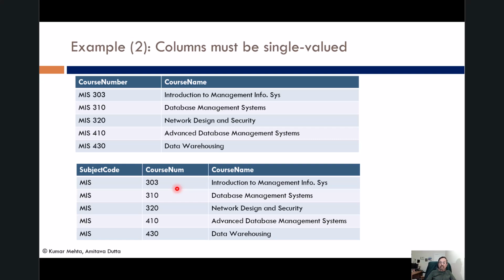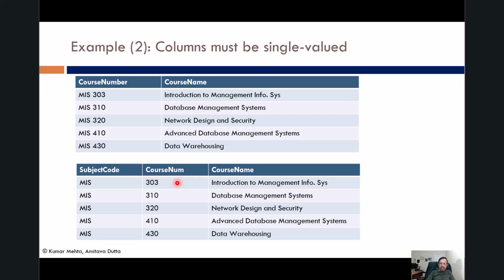And it may make conceptual sense to not think of course number as atomic, but rather that it consists of 2 separate pieces that can be conceptually broken down. One is the subject code and the other is the number, just the numeric value of the course.